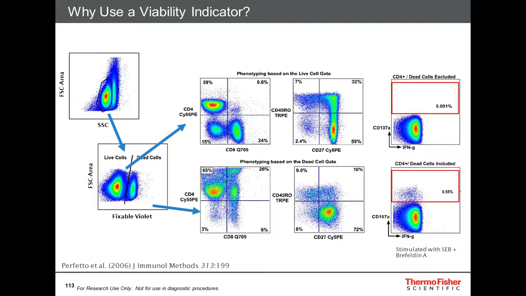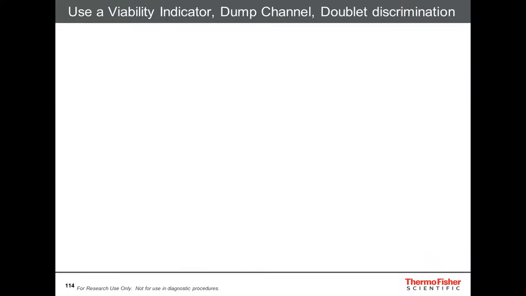You can see here that the live cells and dead cells that are determined by scatter, if you gate them separately, you'll get a very, very different phenotype. And you'll still have dead cells in the final analysis that look like CD107 positive cells. And so it's very important that you gate them out in the beginning using a dead cell indicator.